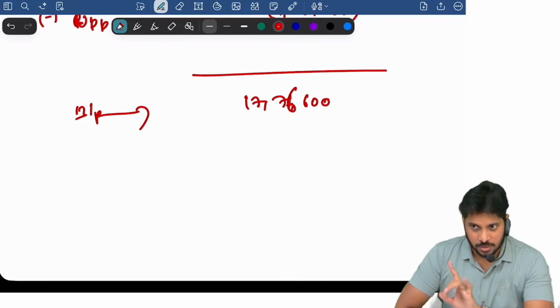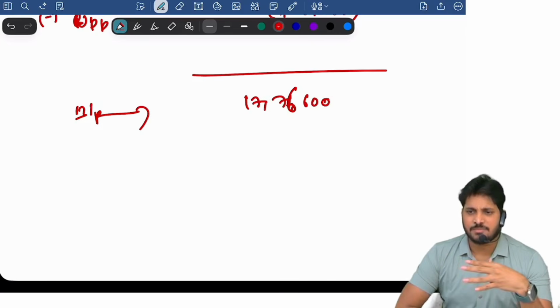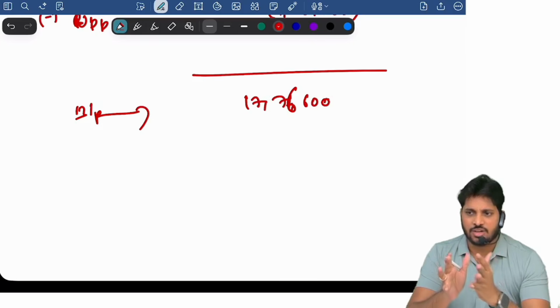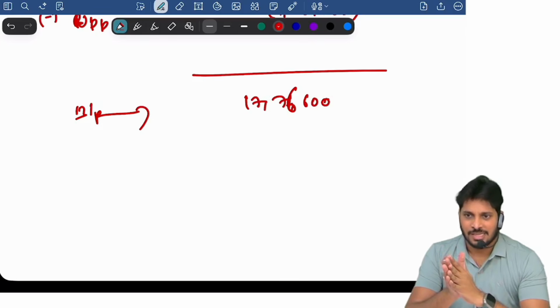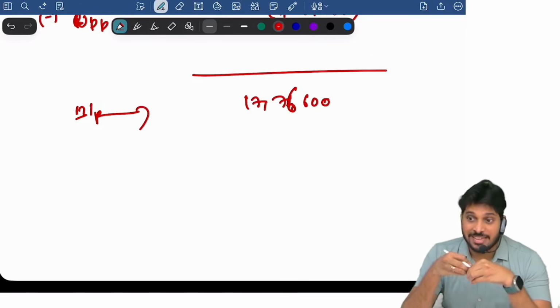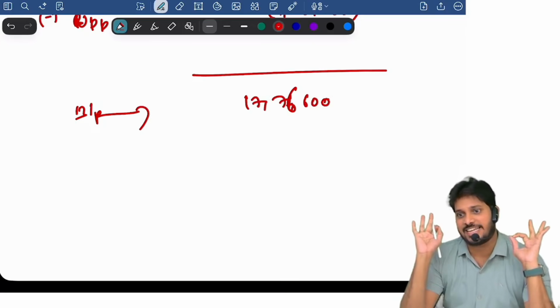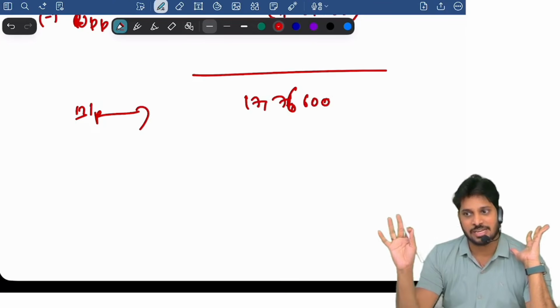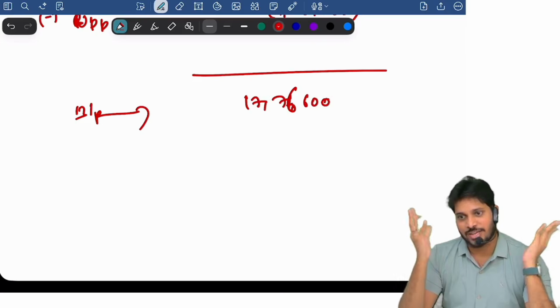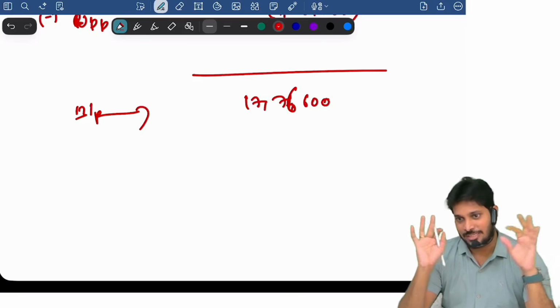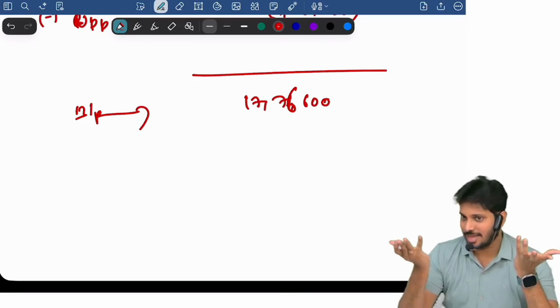Interest on drawing. What we assume is it is something I knock off with capital interest. Net interest which the firm can pay to partner is 12% of the net capital. What is net capital? Opening minus drawings is equal to net capital. That's what I assume. Able to understand?